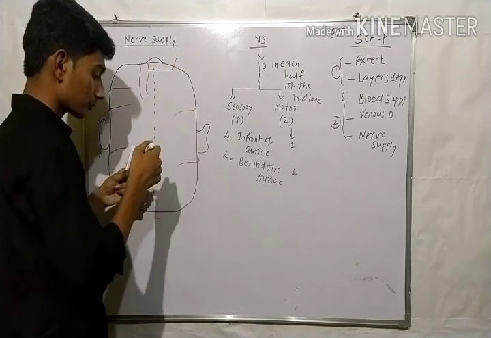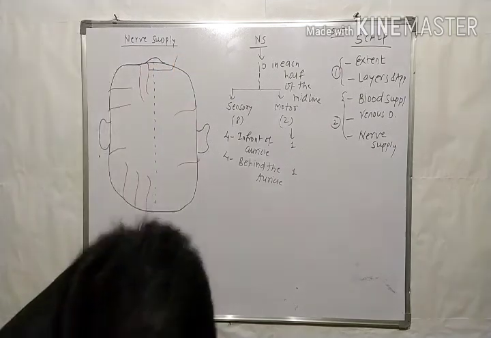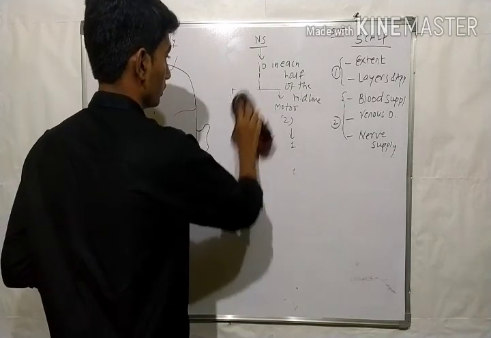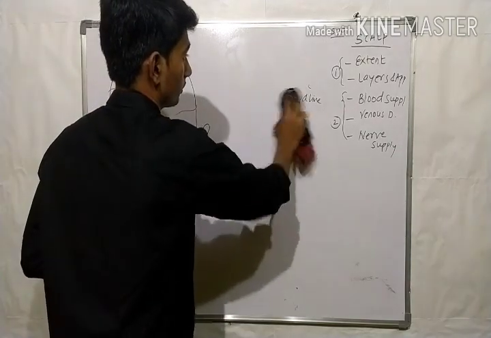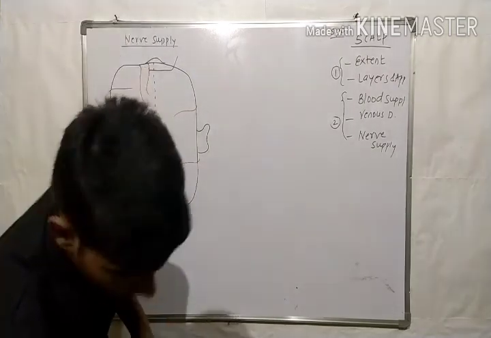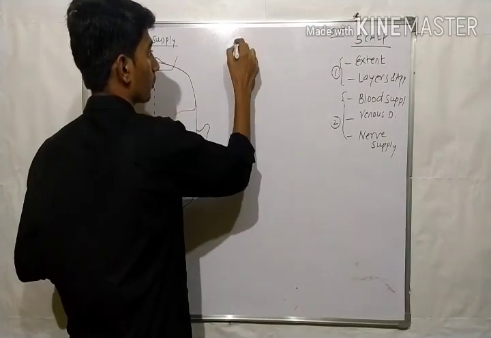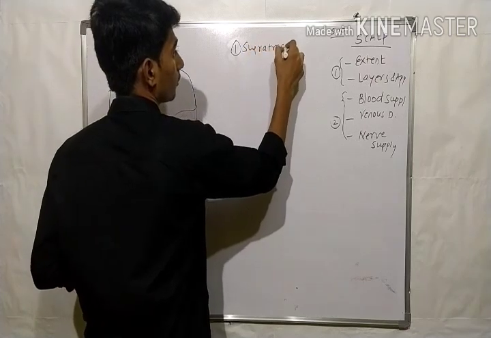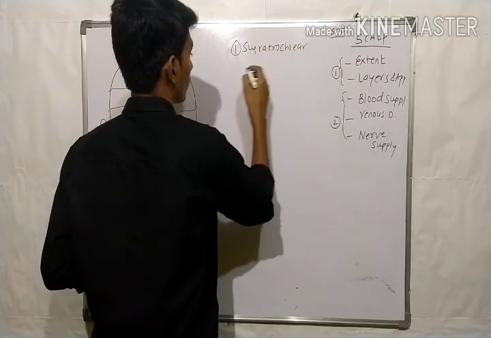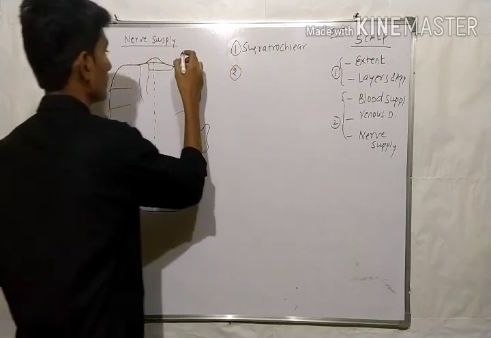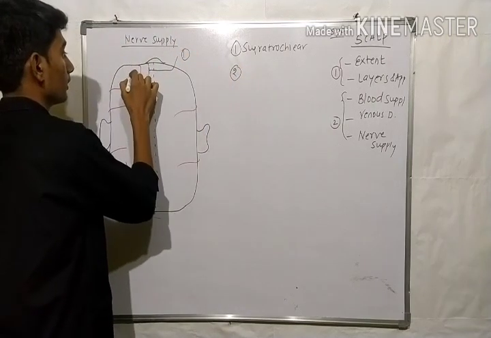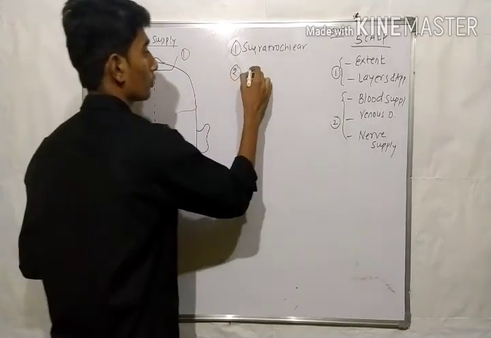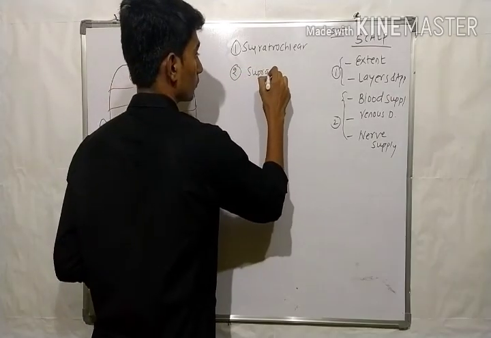First of all, I will write down here. First is supratrochlear. Second, supraorbital.